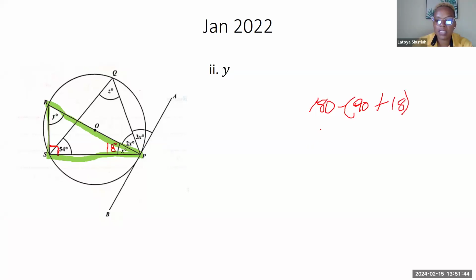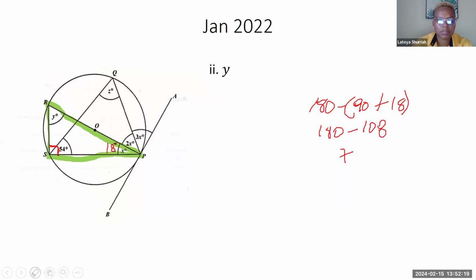Can somebody tell me what is 90 and 18, please? Miss, 108. Okay, 108. And when we subtract 108 from 180, we get 72 degrees. Go ahead, Danny.